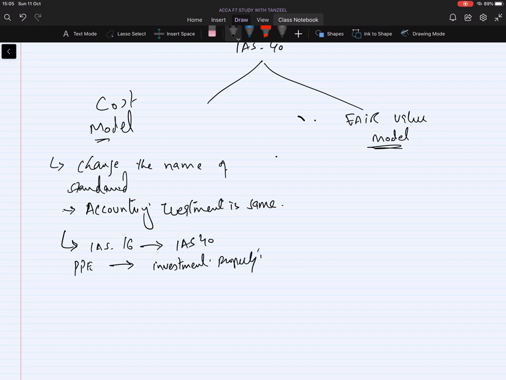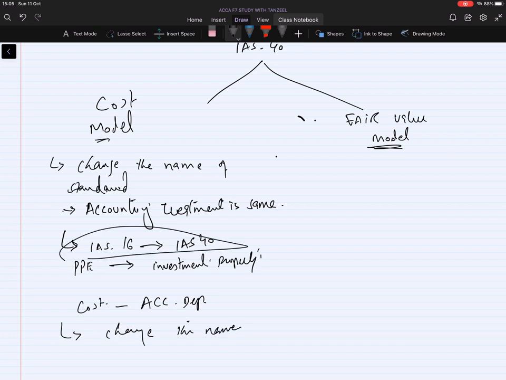For the fair value model, I will explain with an example anyway, but I am giving you the scenarios. If it is the cost model, then cost less accumulated depreciation, and just change the name. But if you are using the fair value model, then record fair value, and all changes are taken to P&L.